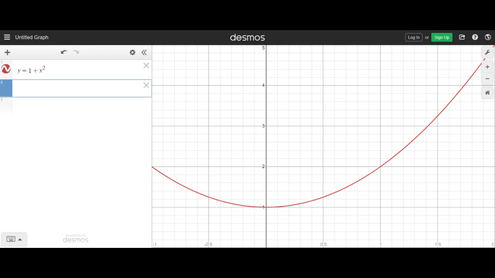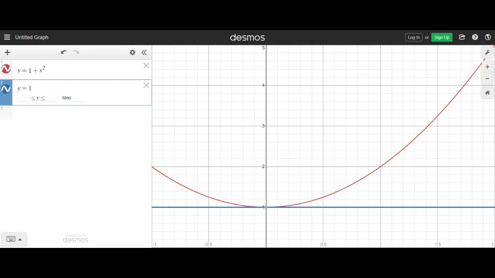I'm going to put in y equals 1. Is y equals 1 the average value of this function? No. Definitely not.